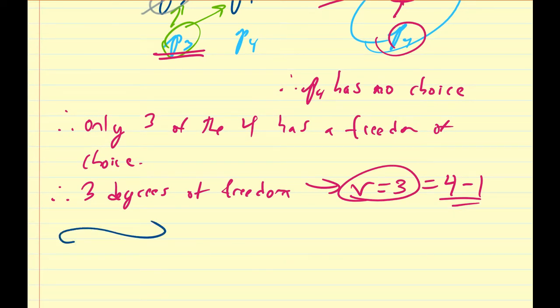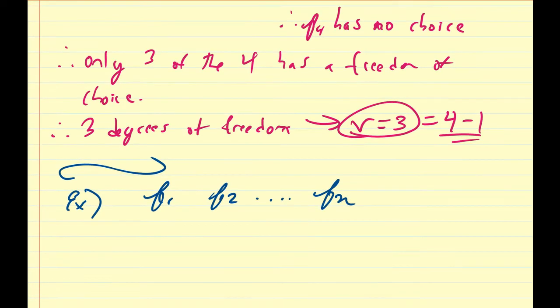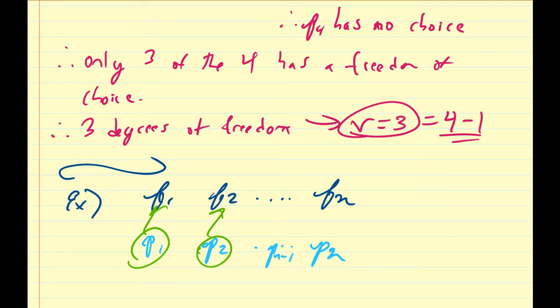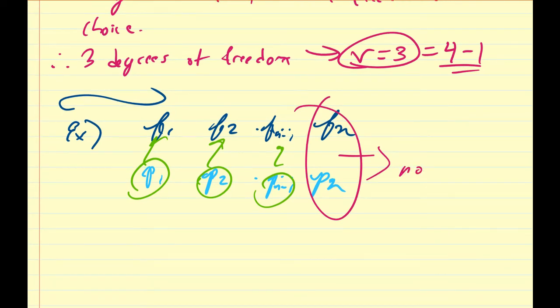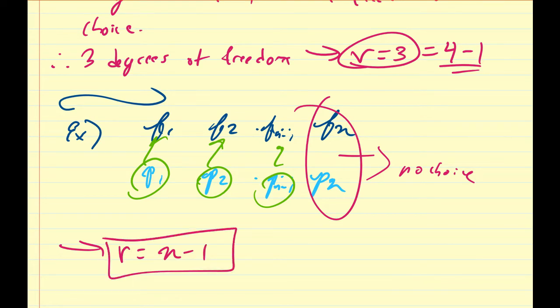If we generalize this to food 1, food 2, down to food n, and person 1, person 2, down to person n, then technically person 1 could choose that one, person 2 could choose that one, and person n minus 1 can choose the one before it. But the last one is going to have no freedom of choice at all. So nu is going to be equal to n minus 1.